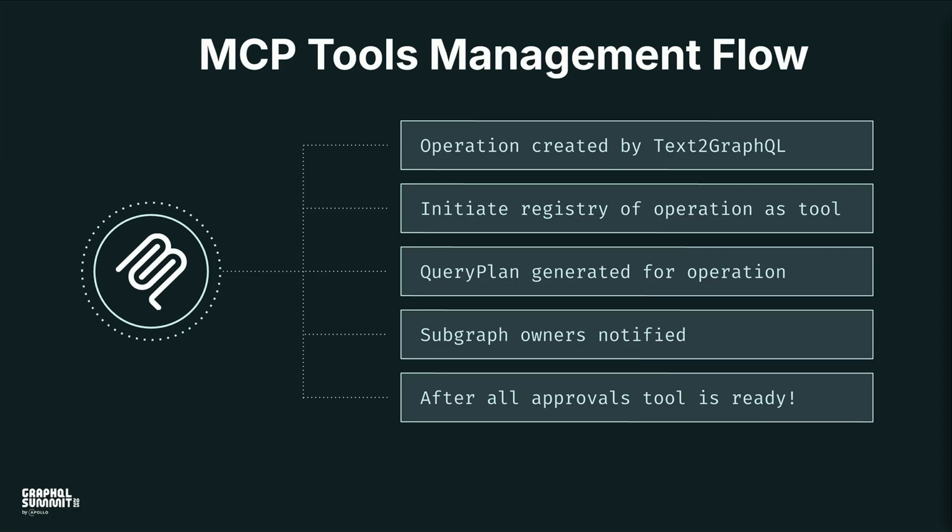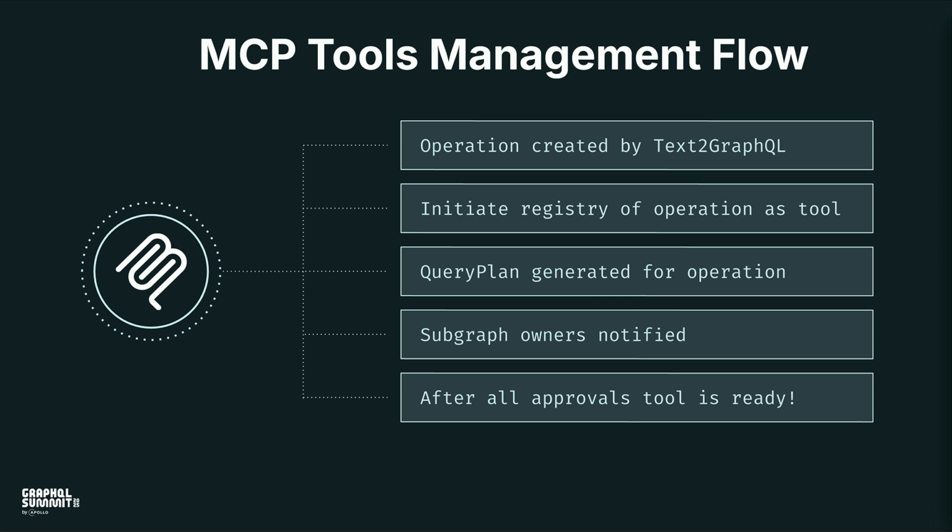And more importantly, after the operation is created, we run the operation and we process the operation and generate the query plan and find out which subgraphs are providing data for this operation and make sure that those subgraph owners, domain owners, have a consent over this operation to be exposed to the AI agents.